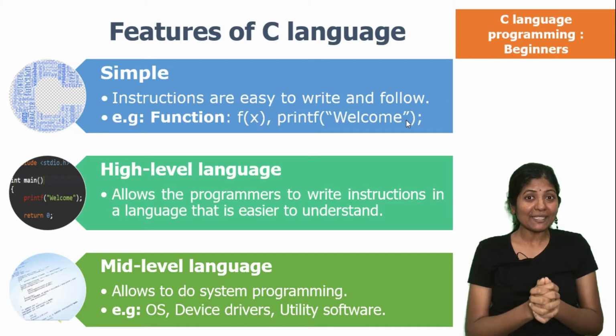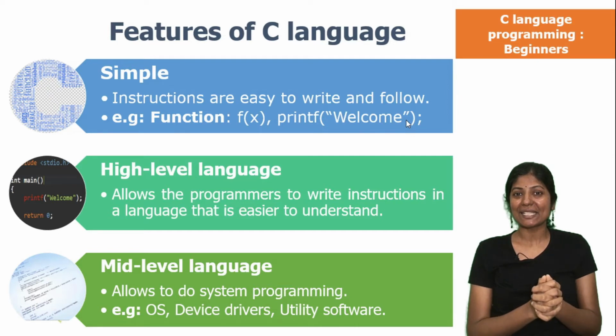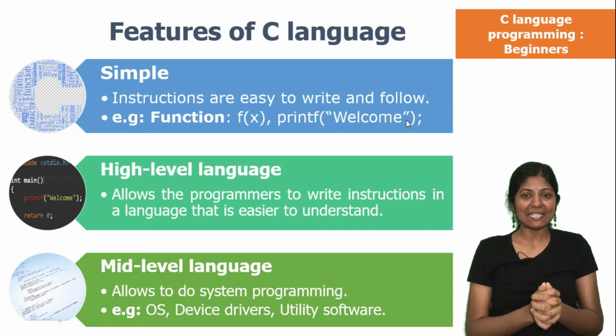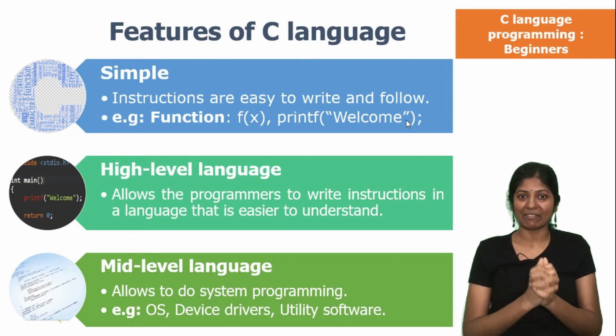Do you remember the introduction of C? Unix was the first operating system implemented using C language other than assembly language. So, using C, we can develop system software. That's why it is called a mid-level or middle-level language.